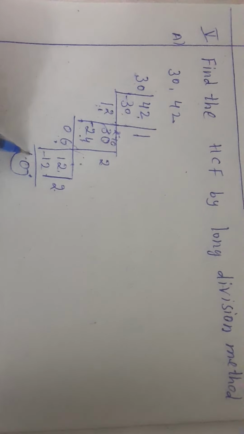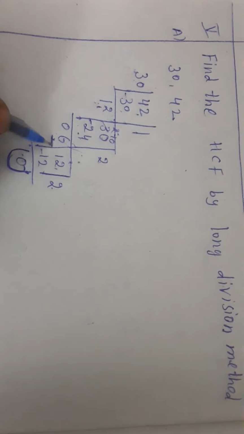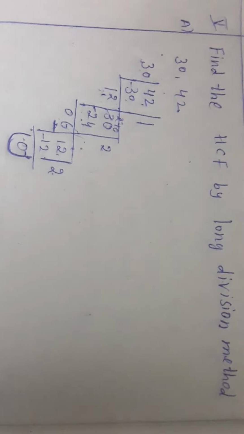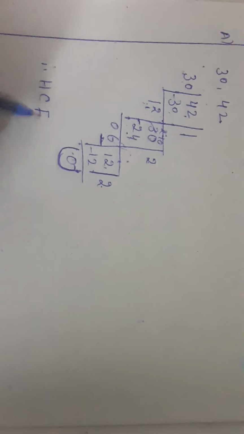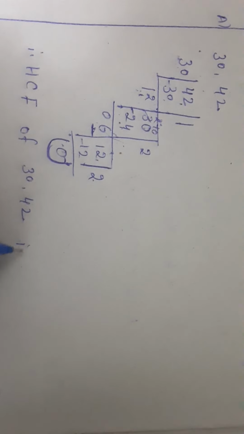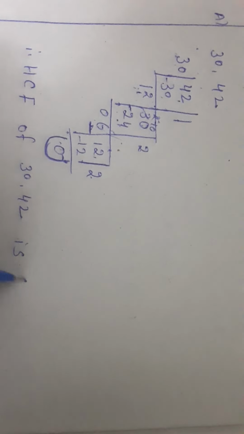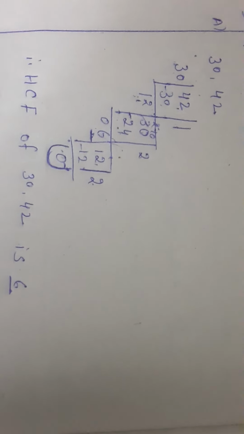So where we get the remainder 0, that divisor is the HCF of the given two numbers. Therefore HCF of 30 and 42 is 6. This is our long division method.